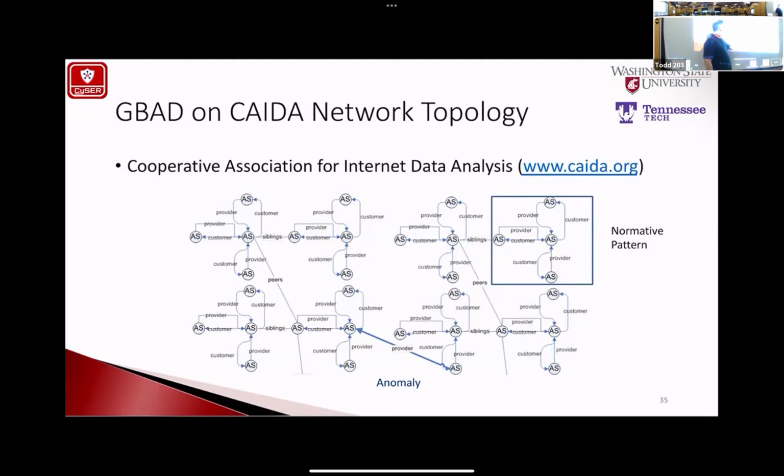But then we found one case where one of these autonomous systems had two provider links to another autonomous system. It turned out, I believe, that a denial of service attack was going on between those two routers. It's not something you would ever really see when there are millions of these things to look at, but it definitely was an anomaly to the normal pattern.